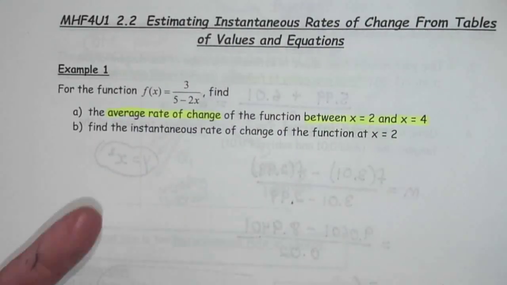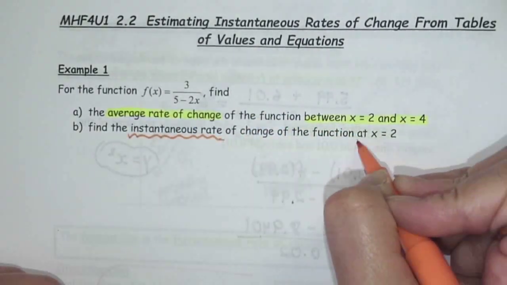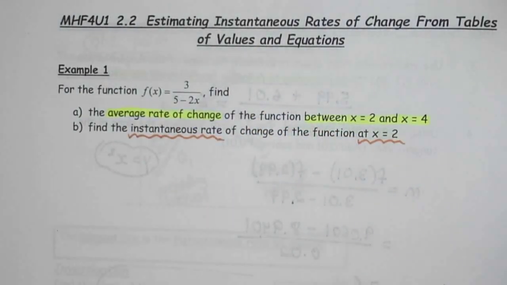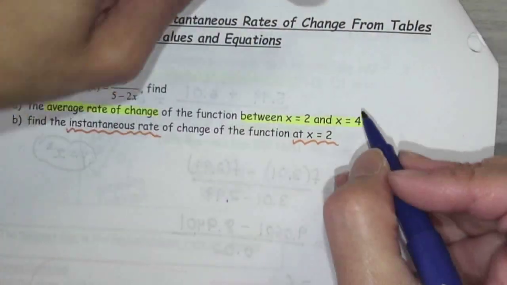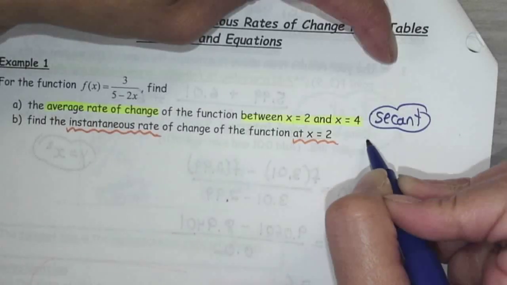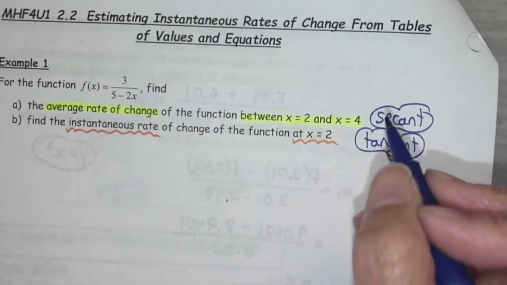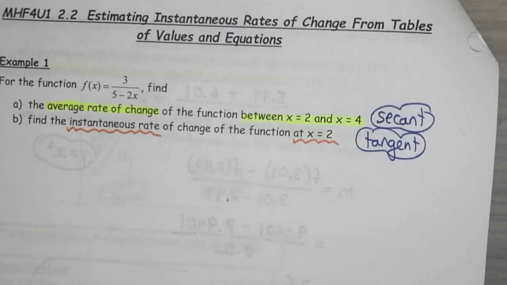So it's average rate. And then here is instantaneous rate at 2. This first one is a secant, and this one here is the tangent.